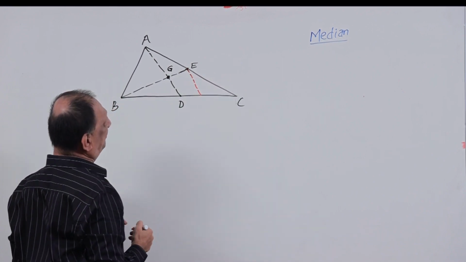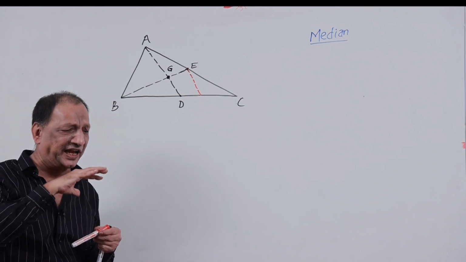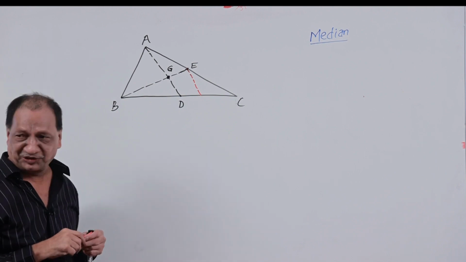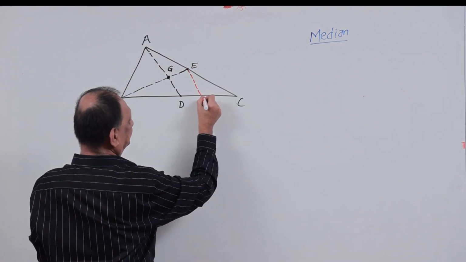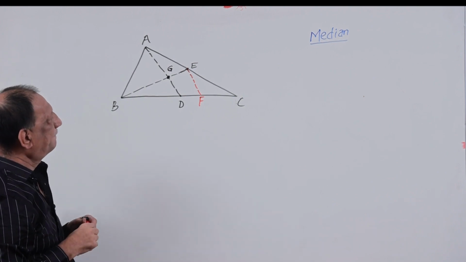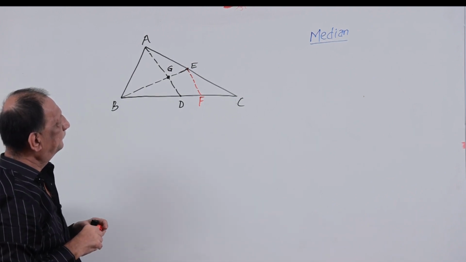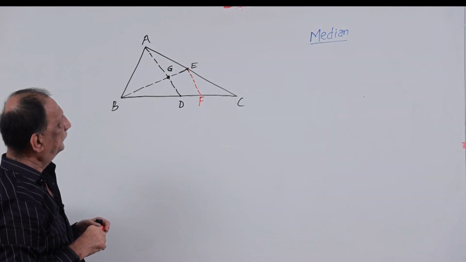See, as soon as you draw a parallel line, you get lots of similar triangles, because you got corresponding angles which are equal, so you'll start getting similar triangles. So I'll call this point F. Correct?